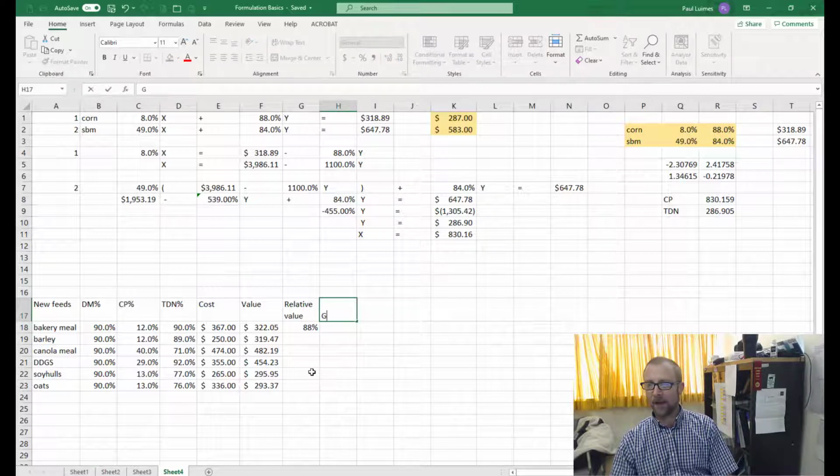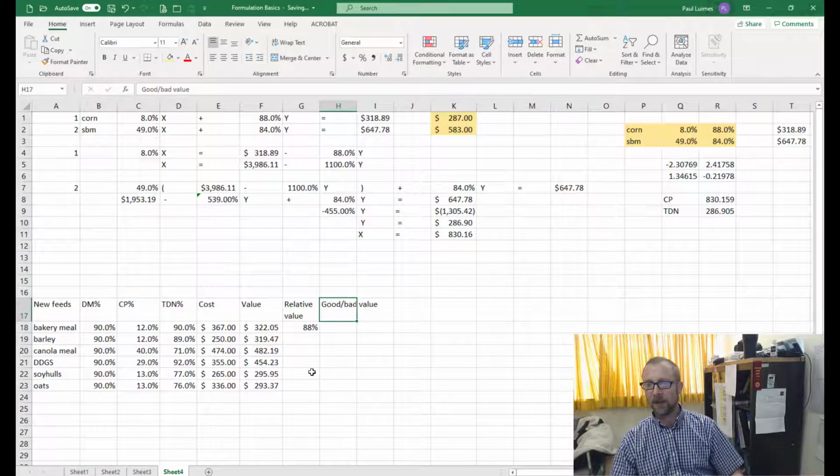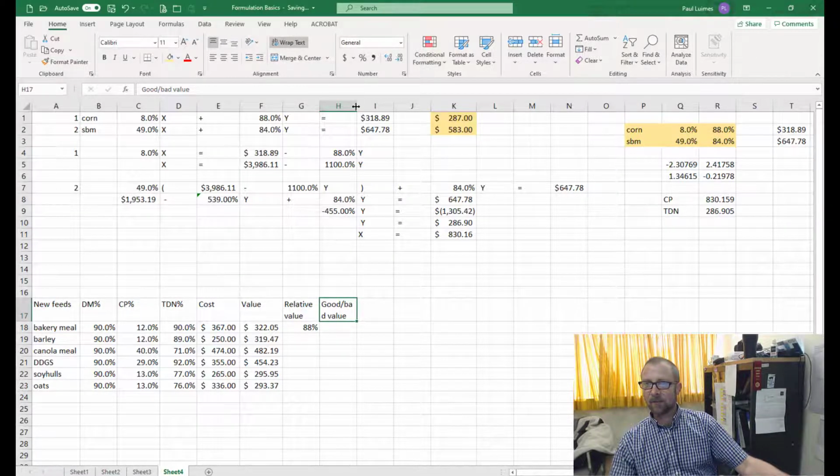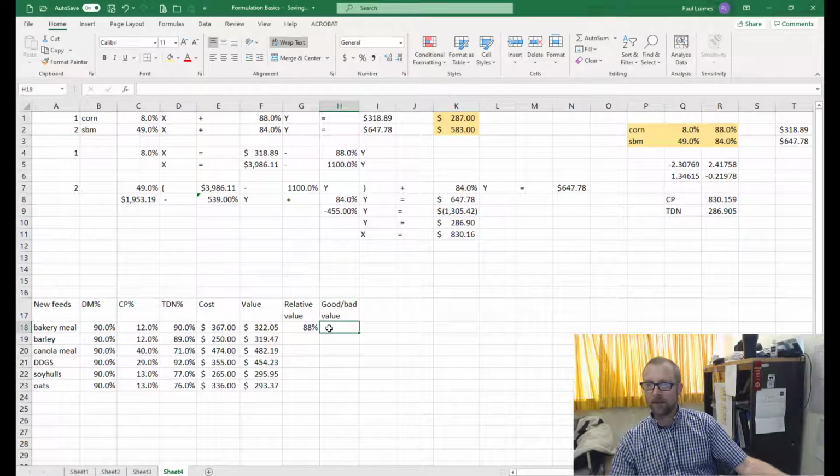Another way I like to put this sometimes is good, bad, value. Okay, and again I'll wrap this text, maybe make it a wee little bit bigger. Now watch this.